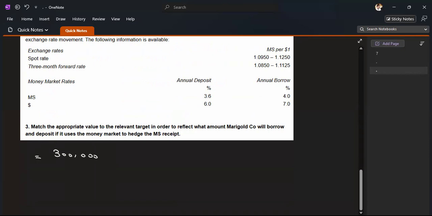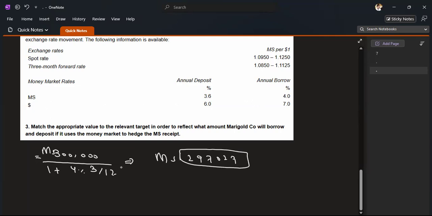And this was MS. To get the present value, divide by 1 plus borrowing rate of foreign currency. The foreign currency is the MS. So the MS borrowing rate is 4%. So 1 plus 4% into 3 over 12. How much are you getting? You are getting MS 297029.